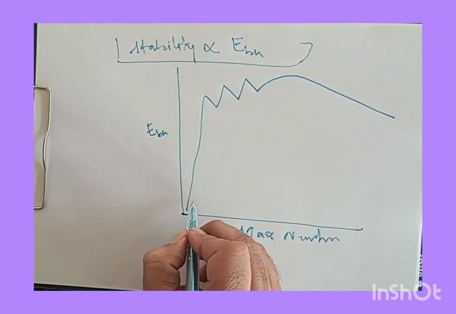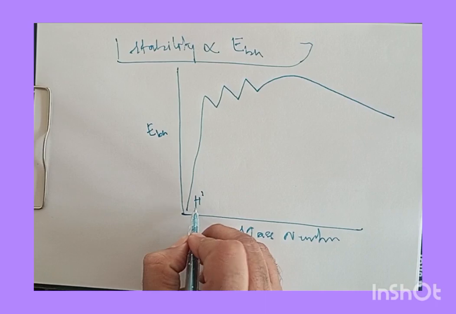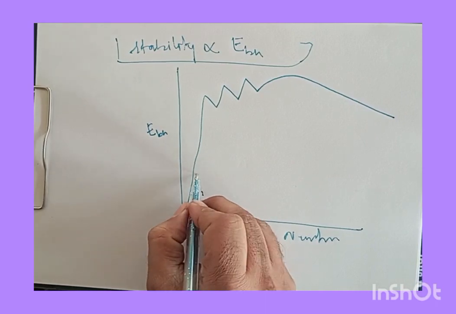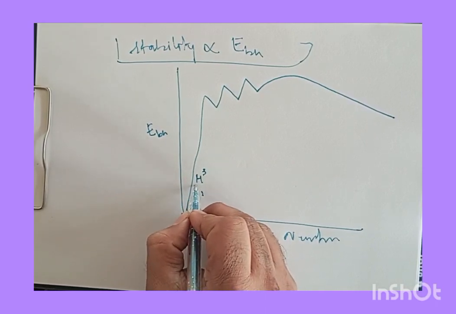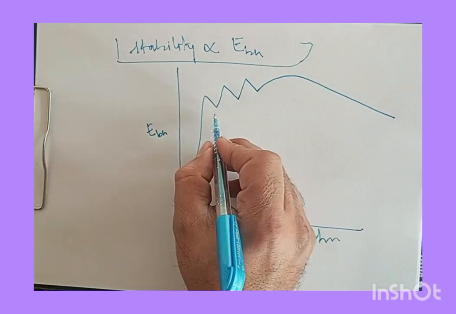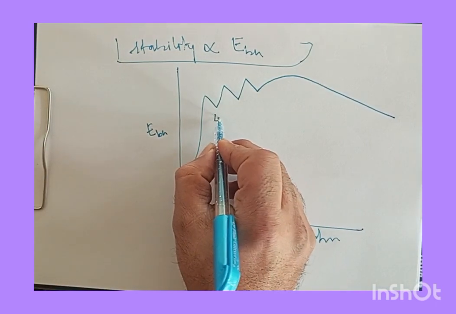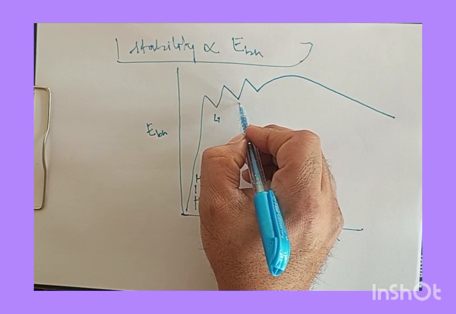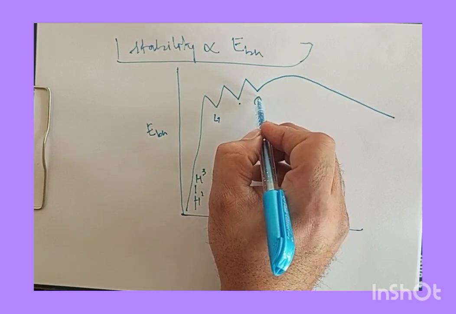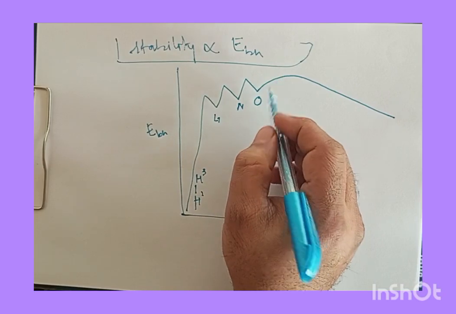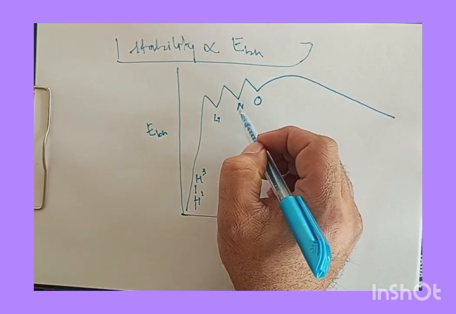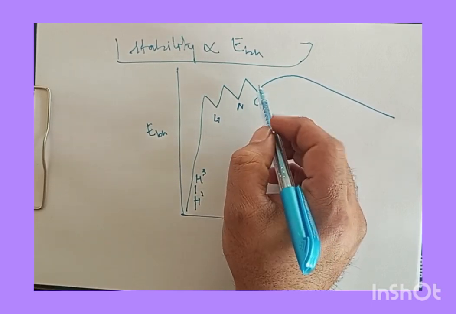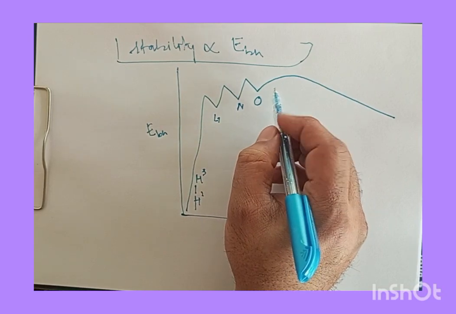And here we have hydrogen, lithium, oxygen, and nitrogen, and these are all the nuclei that are on this binding energy per nucleon curve.